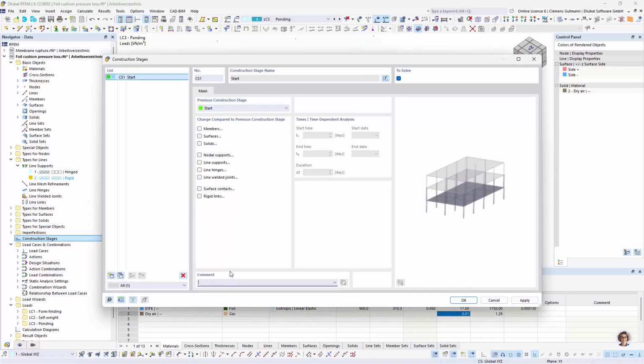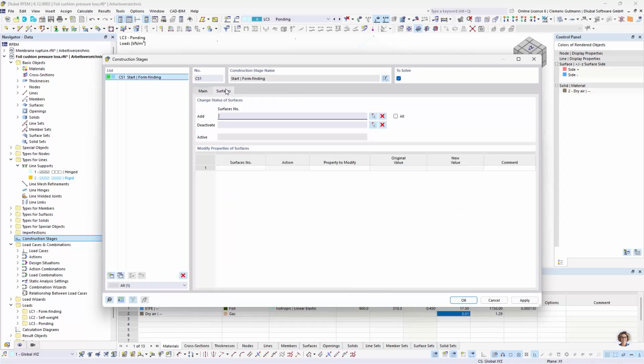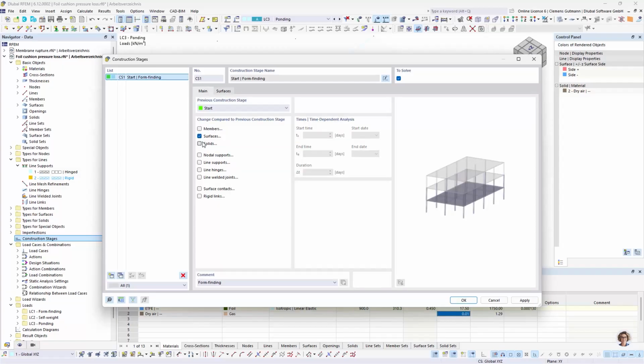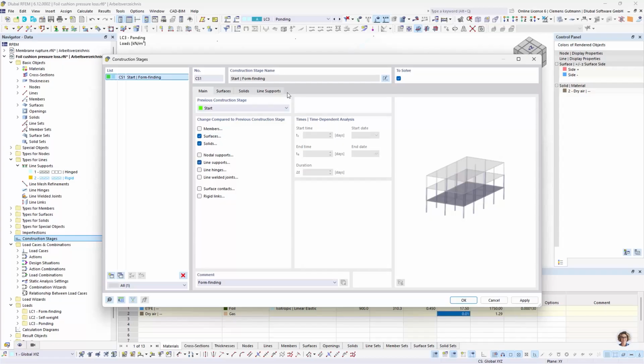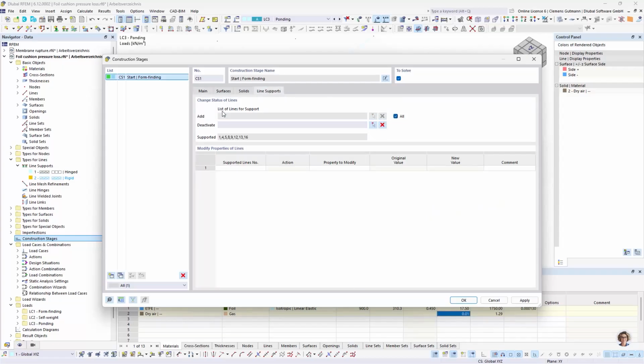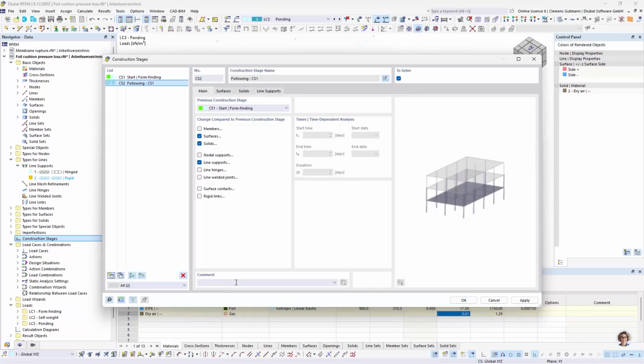We have the start with the form finding. Here we want to activate all surfaces as well as all solids and all line supports. The next construction stage will be the ultimate limit state for the permanent and transient condition.